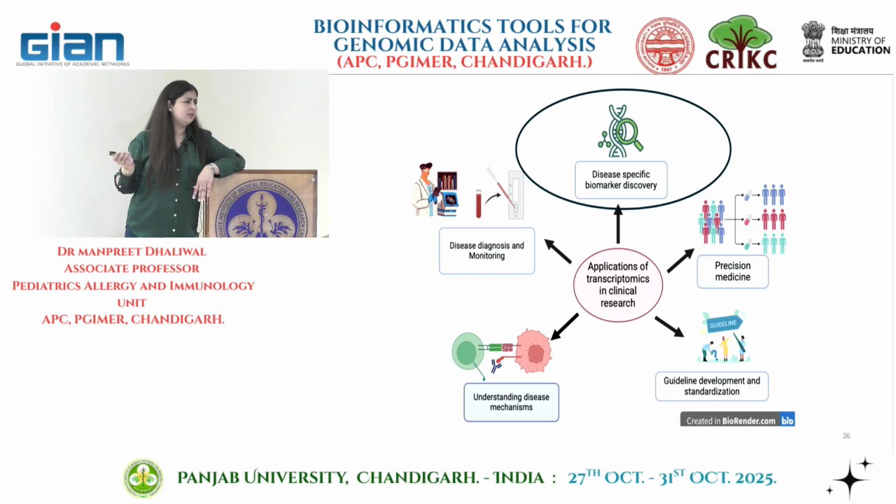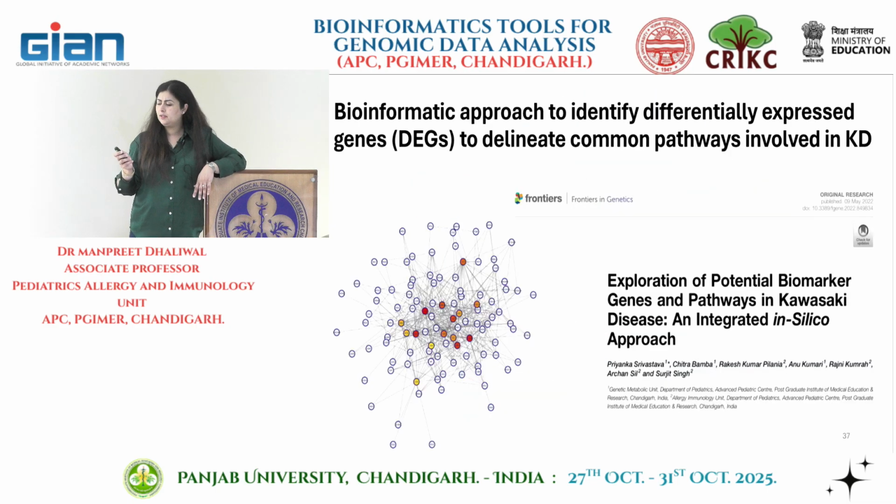Now, a bit about how you can go for disease-specific biomarker discovery. This is another work that we did in Kawasaki disease, which is now the commonest cause of acquired childhood heart disease in India. We wanted to see if we can use our data sets and the publicly available data sets to find some potential biomarkers which we can further evaluate in a larger cohort.